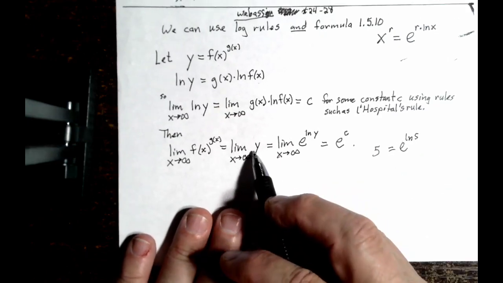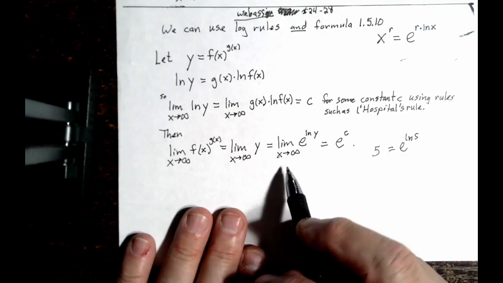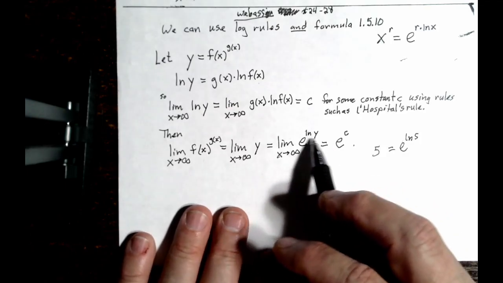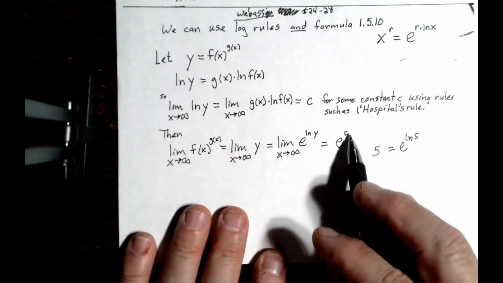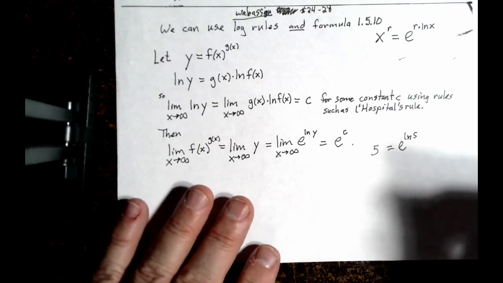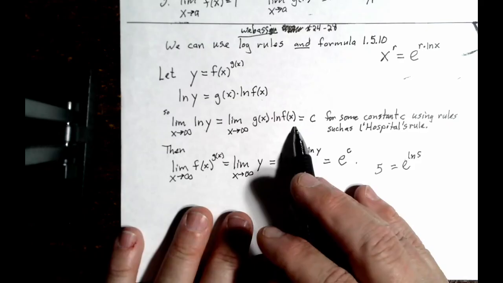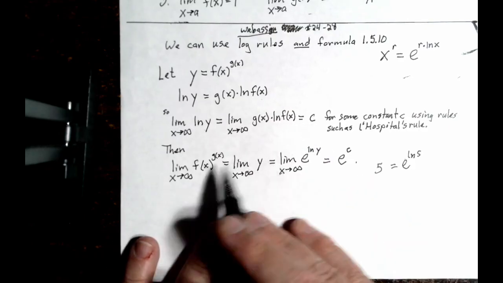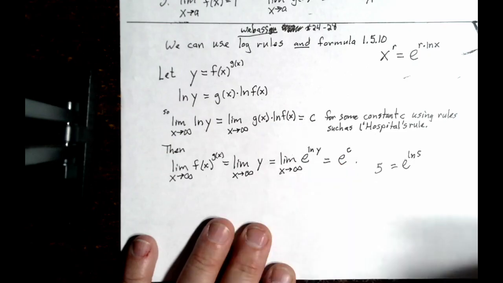Well, y equals e to the ln of y. Now, why would you want to do that? Because we know what the limit of ln of y is. We know the limit of ln of y is c. So this guy just becomes c, and that's what your limit goes to, is e raised to the c power. When you take this portion of the problem, it will always equal a number, and when you work down here, it'll always simplify down to e raised to that exponent.